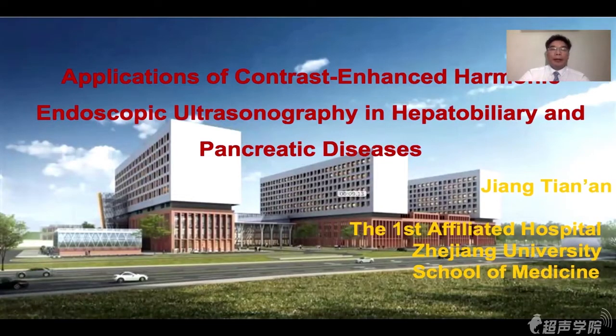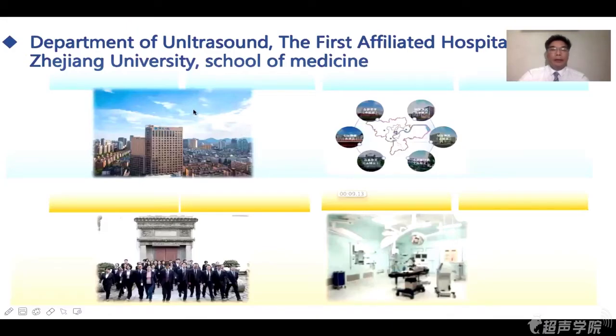Today, my topic is applications of contrast-enhanced harmonic endoscopic ultrasonography in hepatobiliary and pancreatic disease. This is our hospital with 6 campuses. This is our team. This is our interventional ultrasound operation room.